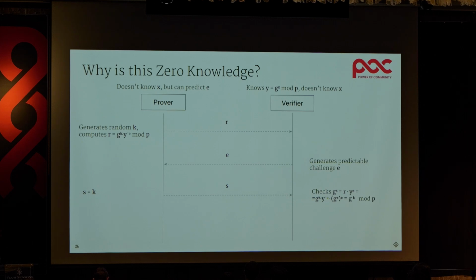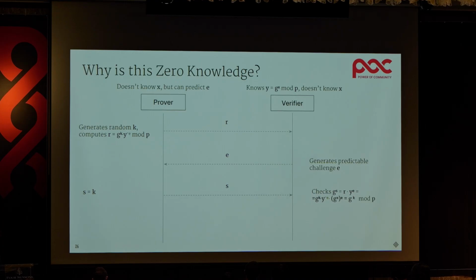The same check that worked in the past for the actual protocol works once again, but this time we managed to trick the verifier. So we made them think that we know the x. Since we didn't actually know the x, but we managed to prove this to the verifier by making the challenge predictable, it means that there was no knowledge in the protocol at all.